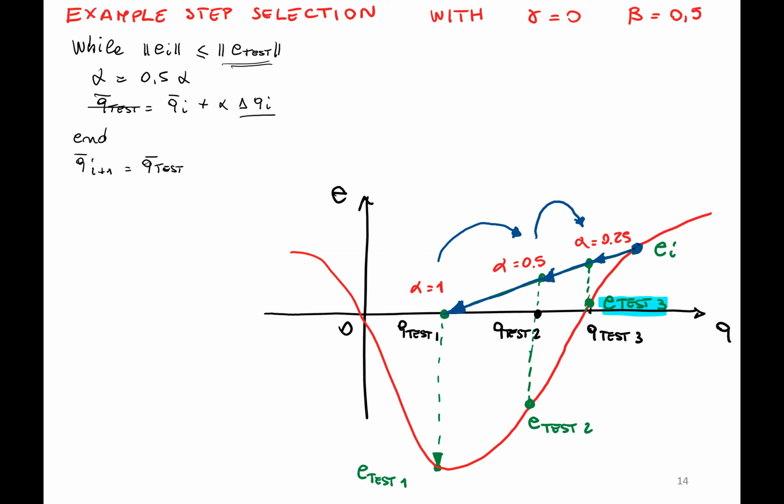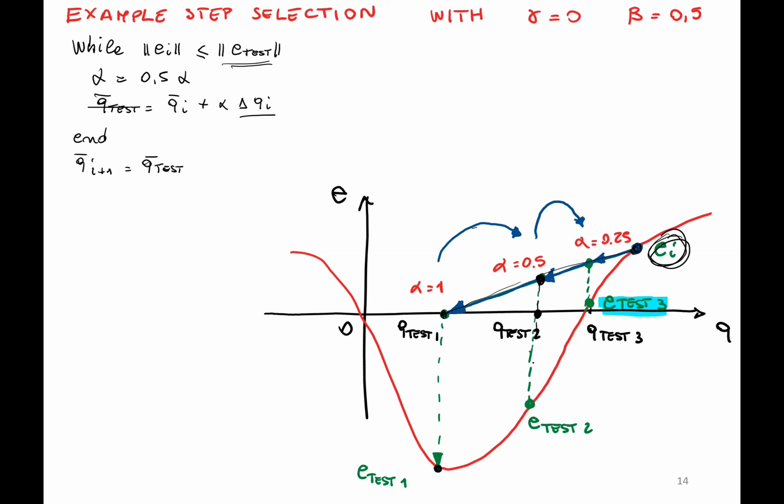So here, for example, we have an ith iteration and we linearize, and the full Newton step with alpha equal to 1 goes to this point, and we check that the error is bigger than this one in terms of norm. So we reduce the step by 1/2 and we get this point.